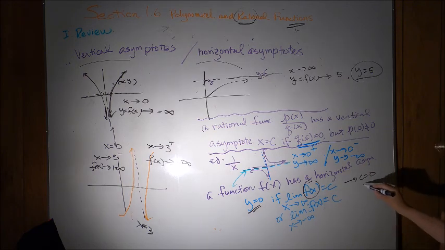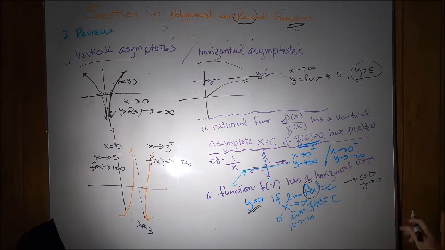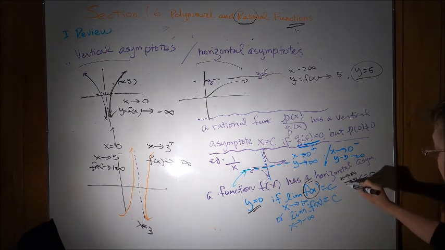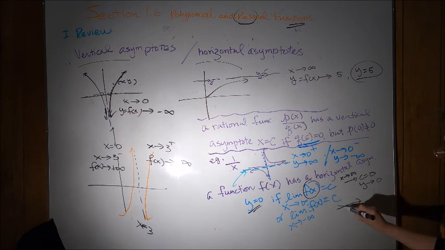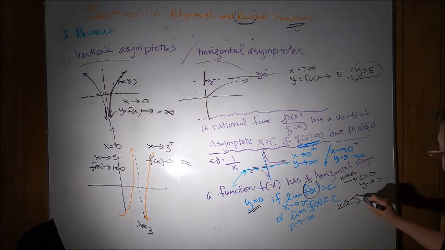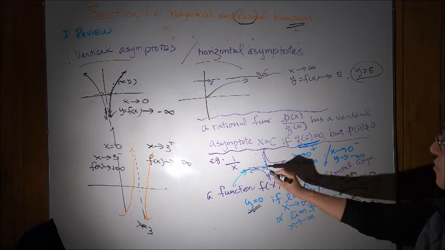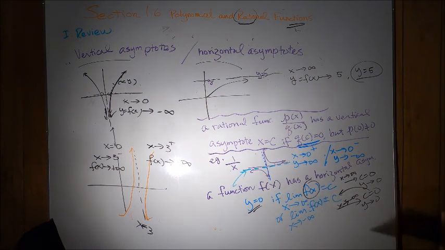Okay, y approaches 0, right? So c is 0 when x approaches infinity. When x approaches negative infinity, you'll see this value is 0, then the line approaches 0.